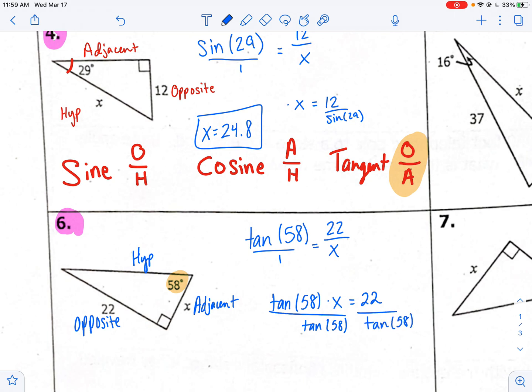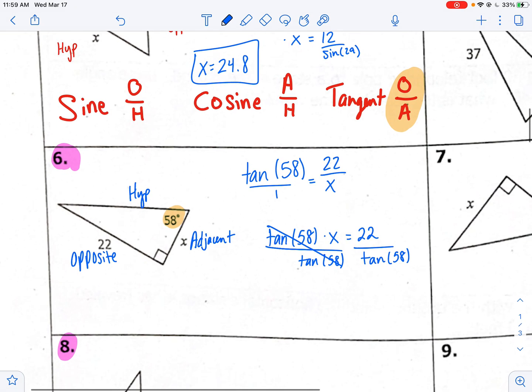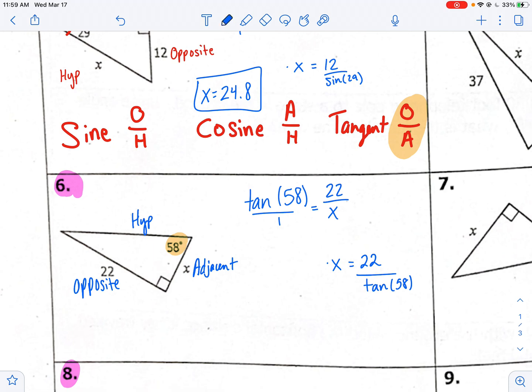So x equals 22 divided by the tangent of 58. If I type that into a calculator, 22 divided by tangent of 58, make sure you're in degree mode, x would be 13.75, or 13.8 if you're rounding to the nearest tenth.